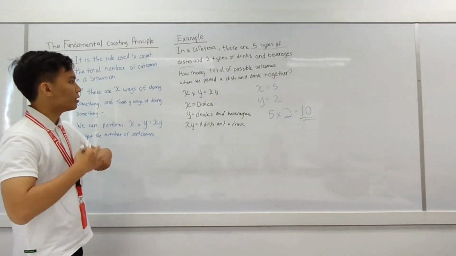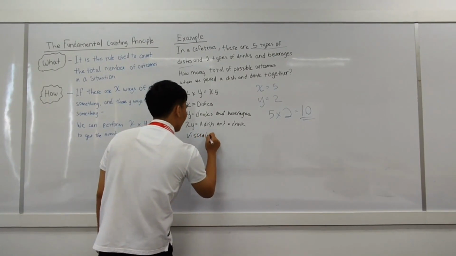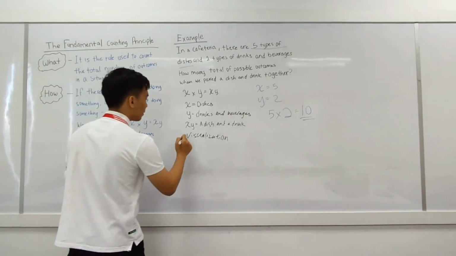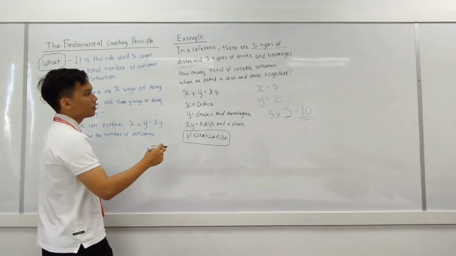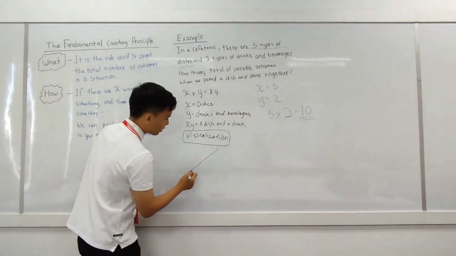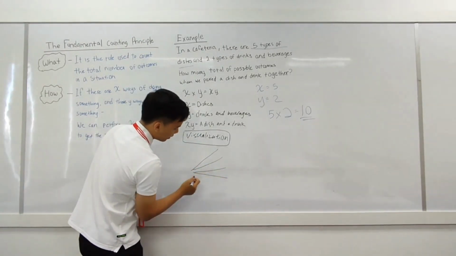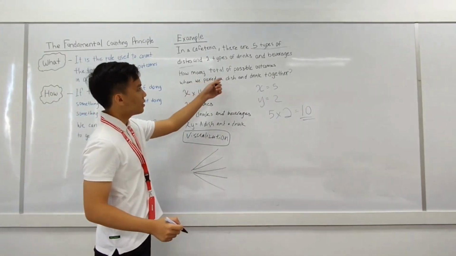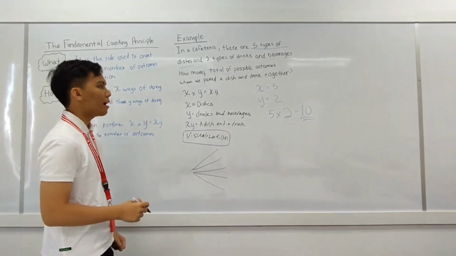Okay, so let's do a visualization. There are 5 types of dishes: 1, 2, 3, 4, and 5. Then each dish will be paired with the drinks. How many drinks do we have here?